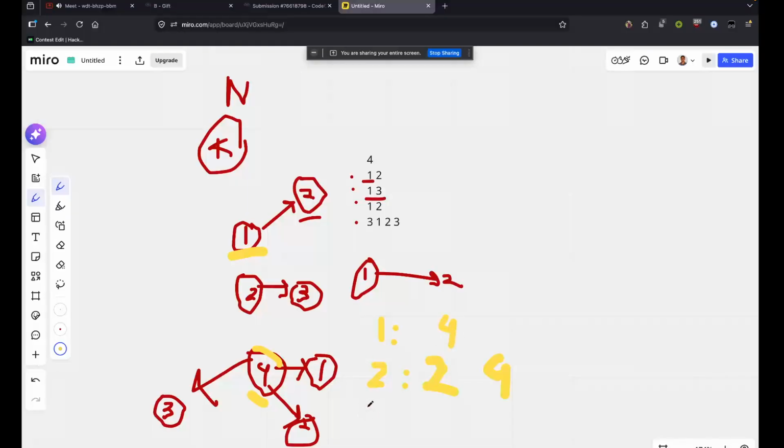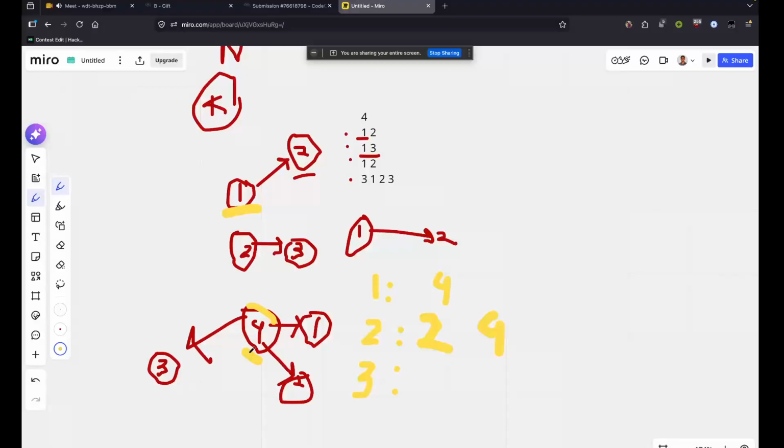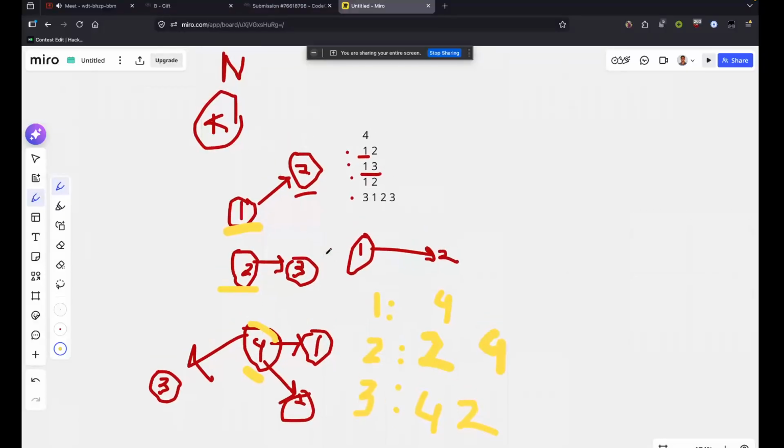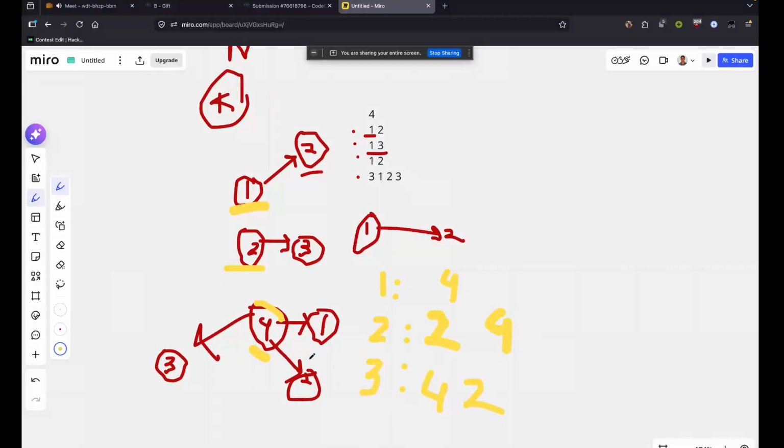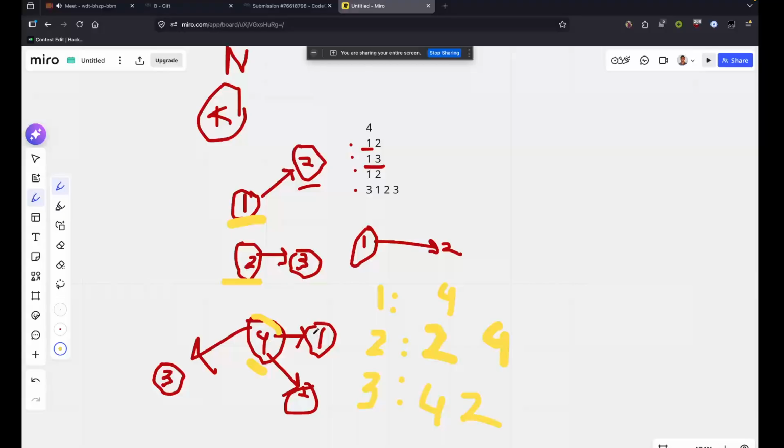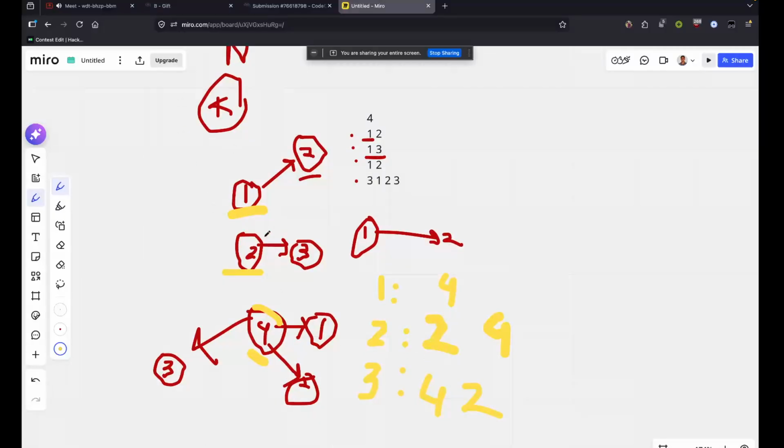And if I talk about person three, how many gifts is he receiving? So person three is receiving a gift from four. Here you can see, so I am writing four here. Also, person three is getting gifts from two. I guess something I am missing here. So person two is getting it from one.